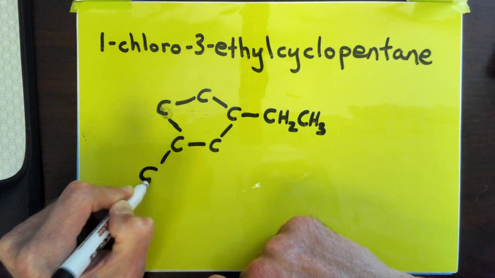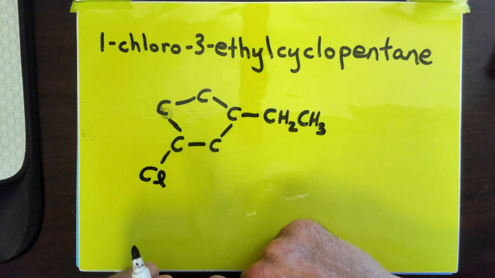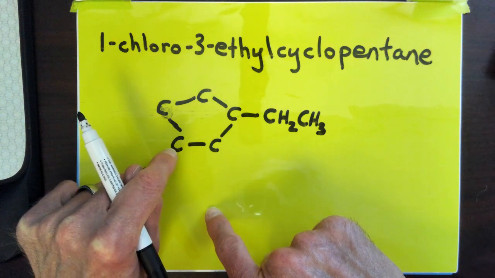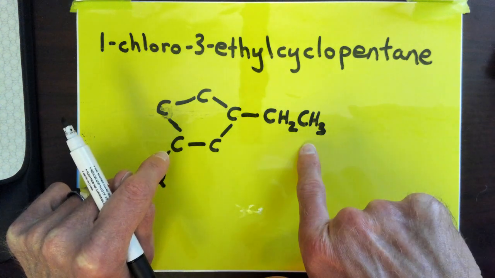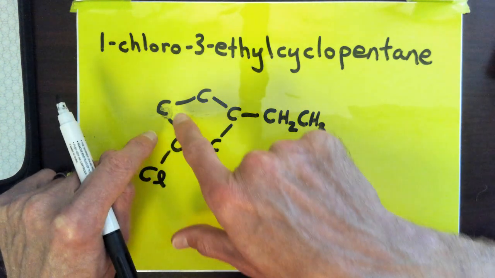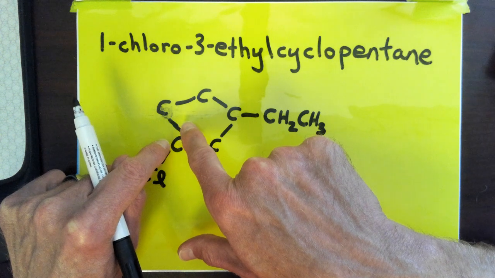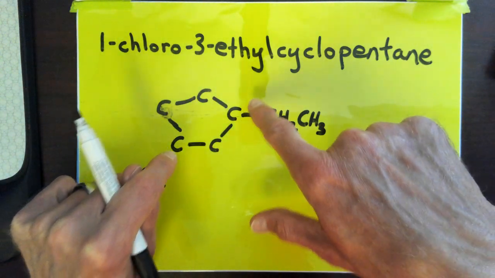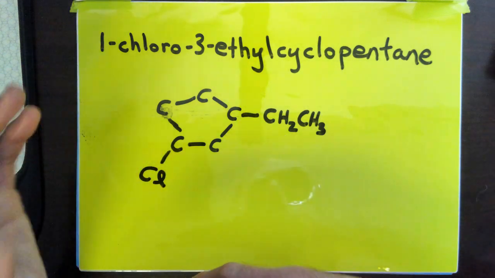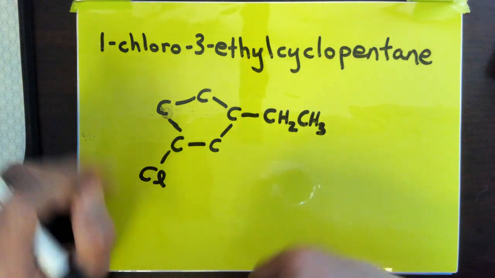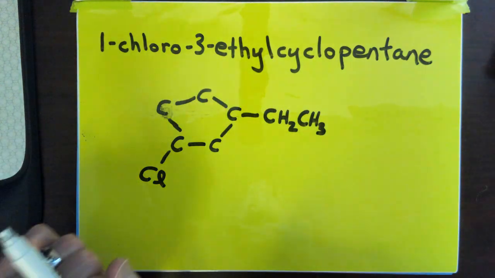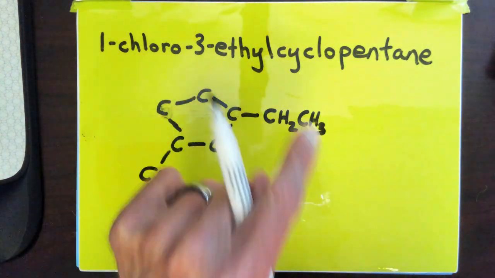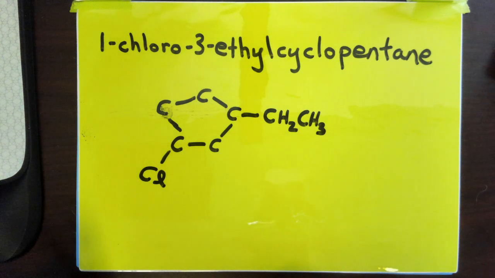And we put chloro. 1 chloro, that's carbon number 1, 2, 3 with the ethyl. You couldn't number it 1, 2, 3, 4, because then that would be 1, 4 versus 1, 3. And we want the lower number position. Okay, so 1 chloro, 3 ethyl cyclopentane.